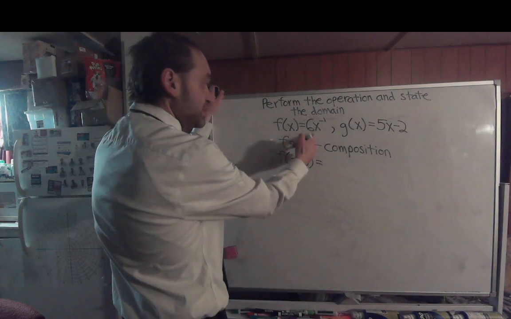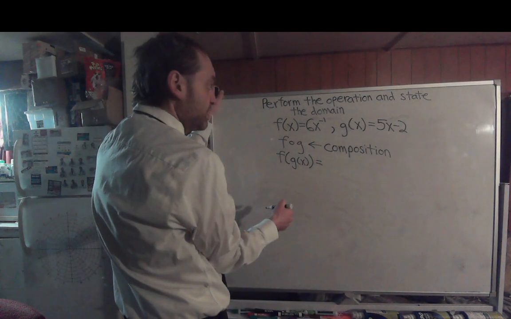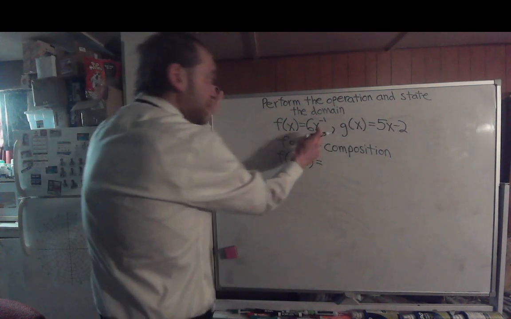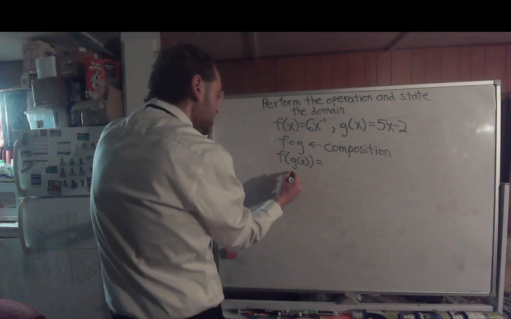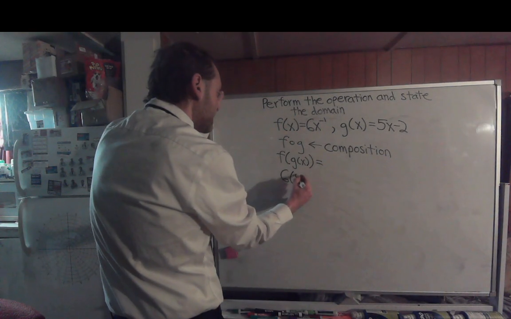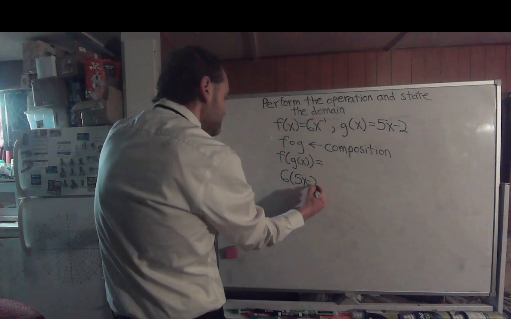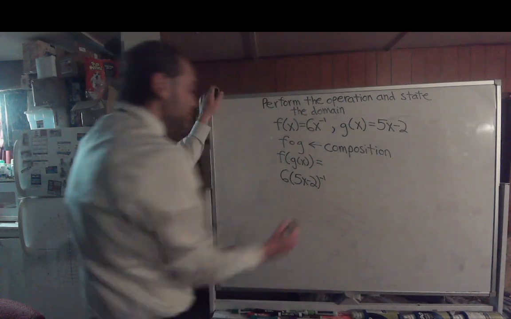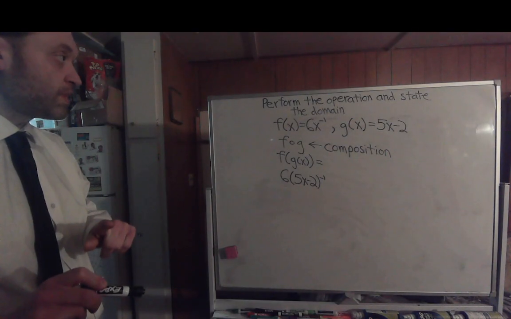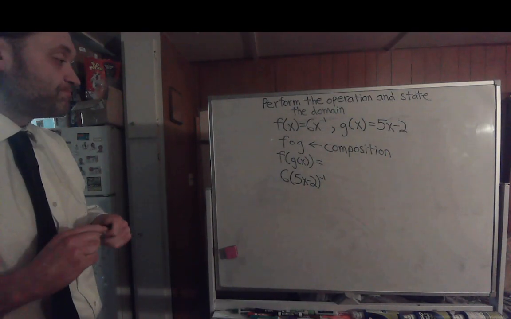So f of x is 6x to the negative first, right? You're going to put that whole 5x minus 2 into where that x to the negative first goes. So this would be 6 times the quantity of 5x minus 2 to the negative first. Alright, well, here's the thing.